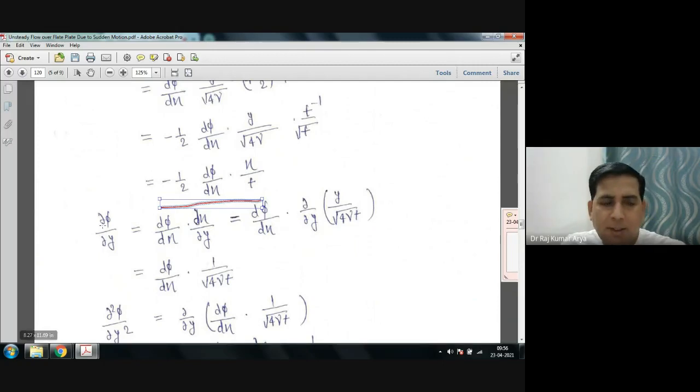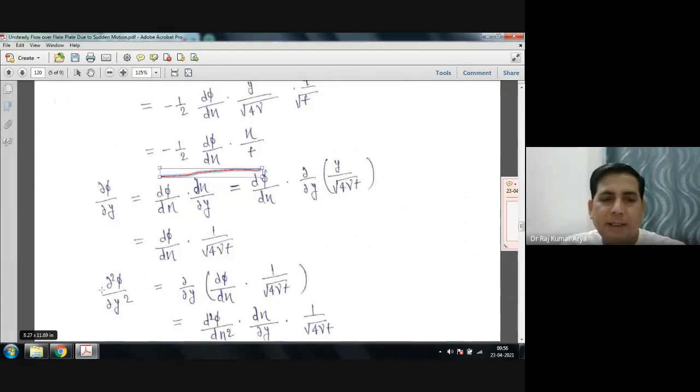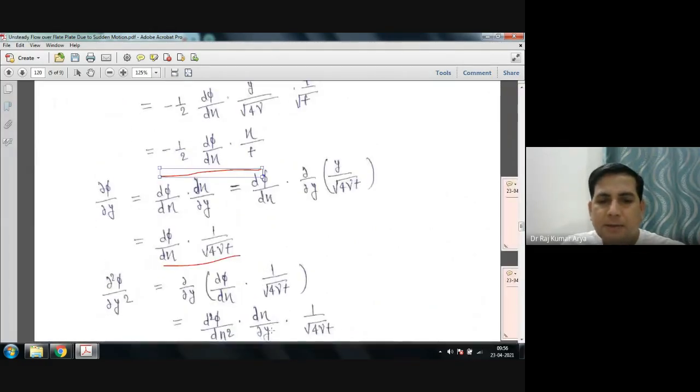Now you can differentiate this again, just to find the second derivative, del square phi upon del y square. You differentiate this term again, and you end up with d square phi upon d eta square multiplied by d eta upon del y.